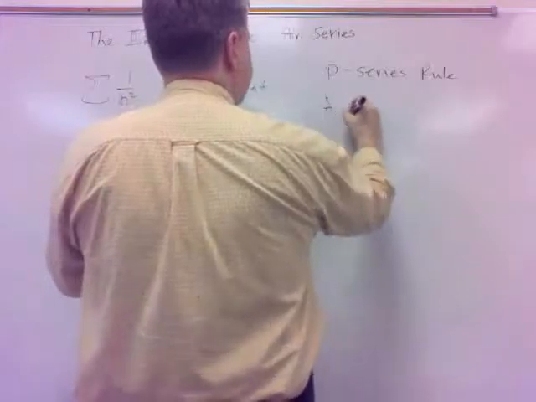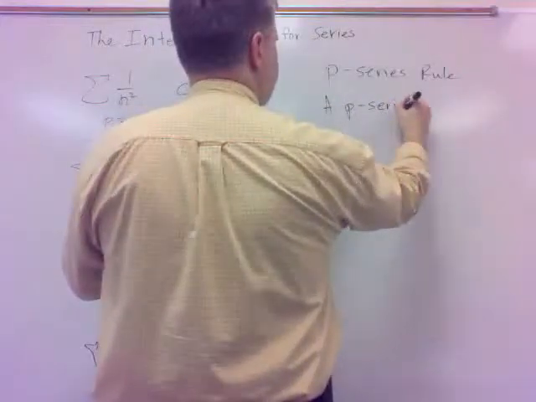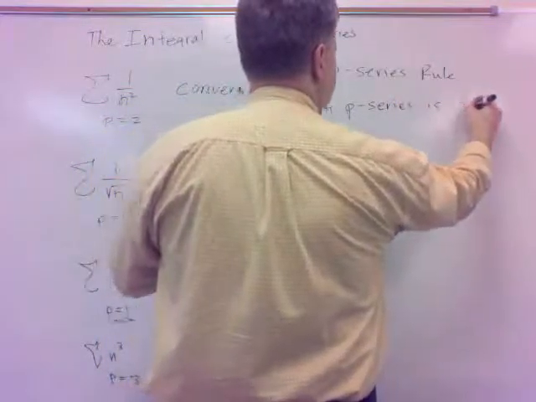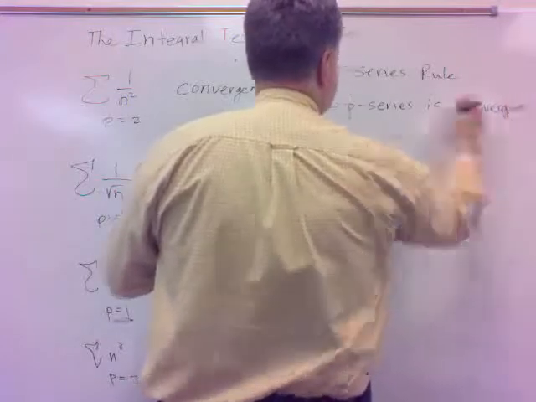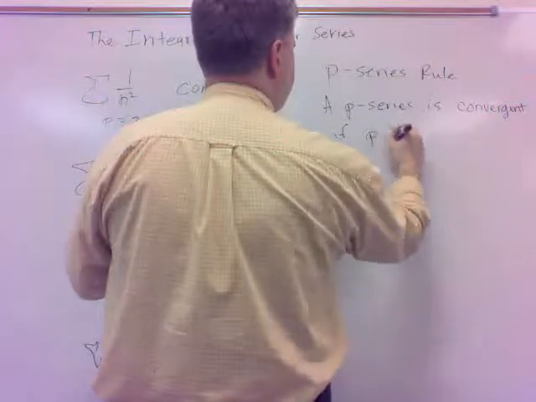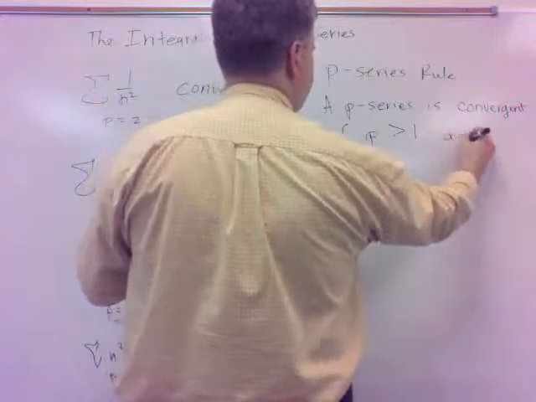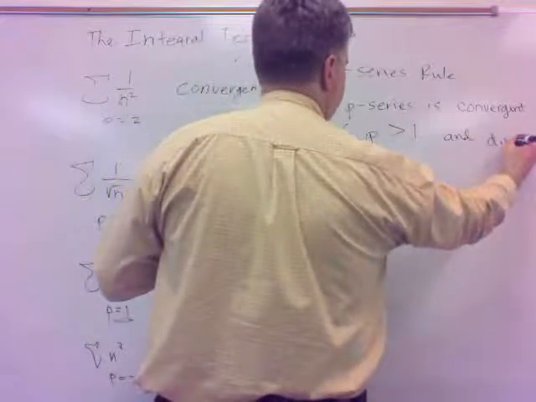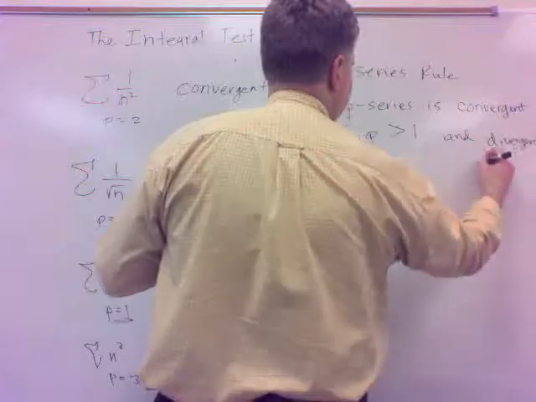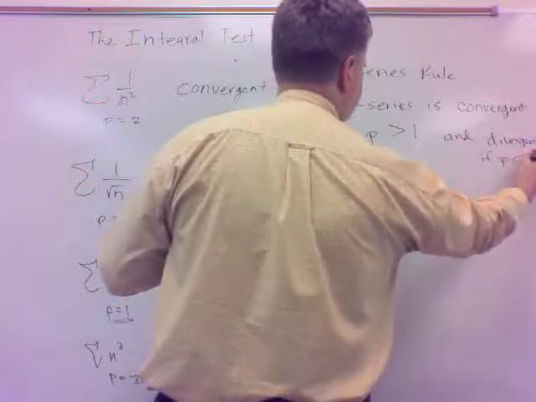A p-series is convergent if p is greater than 1, and divergent if the other way, if it's less than or equal to 1.